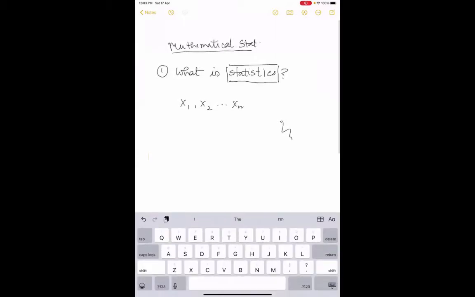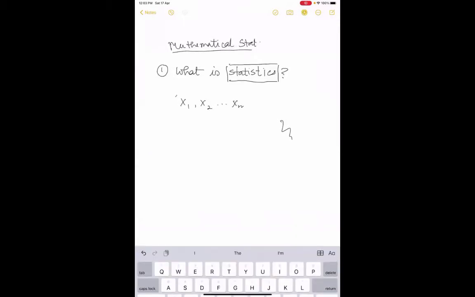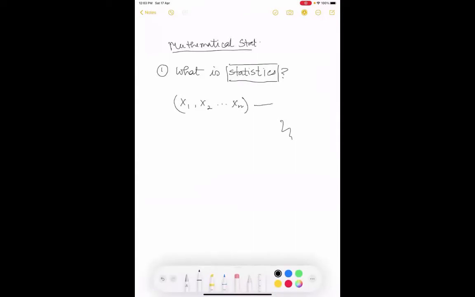Okay, so you're saying it will be a mapping from here to some t, right? That's what you're trying to say, perhaps. Yes, that's what the mathematical statistics thinks about. So basically, let us take an example.